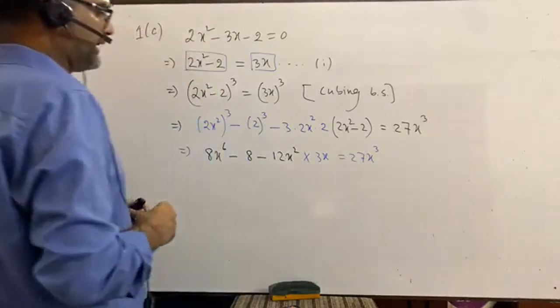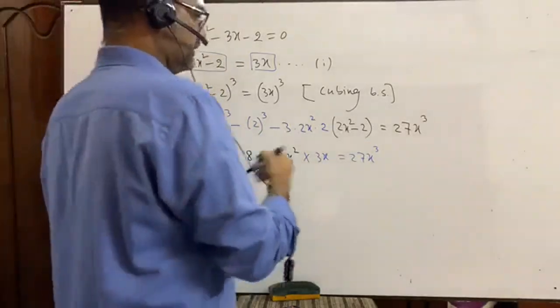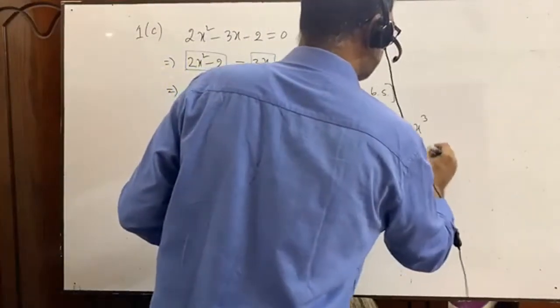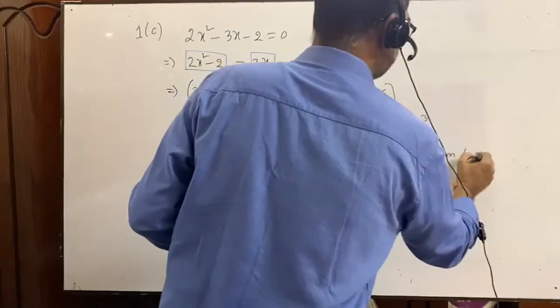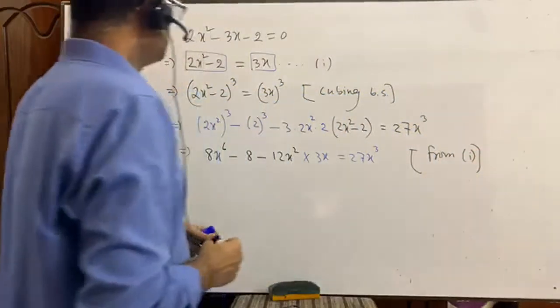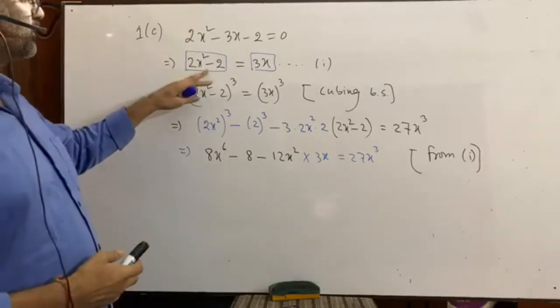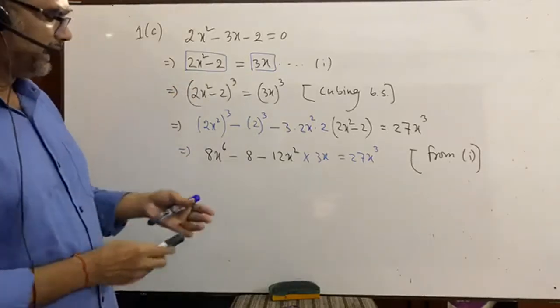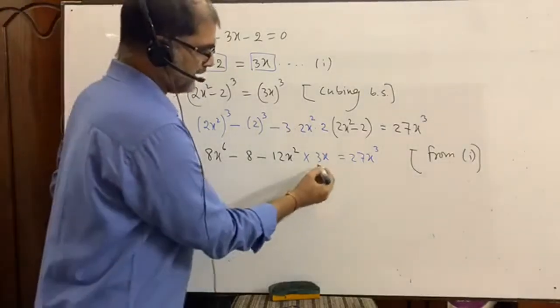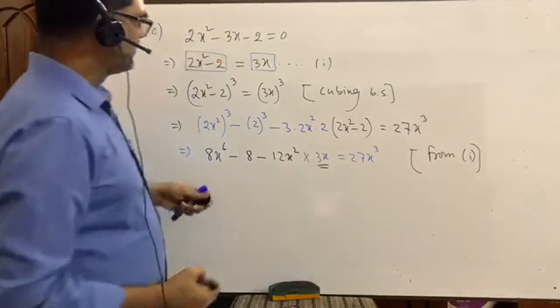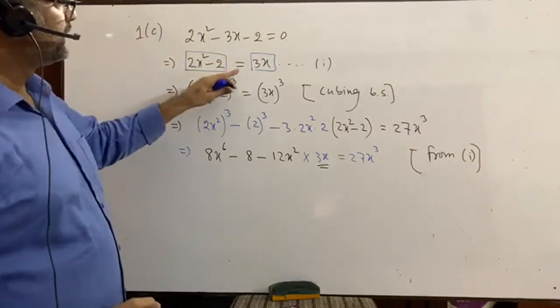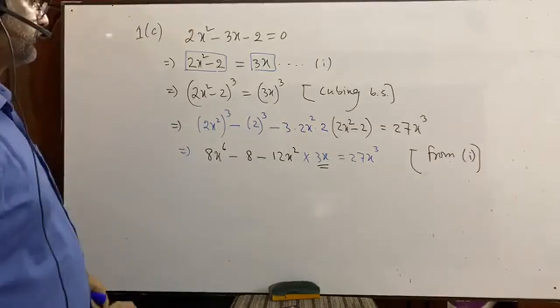We can give a side note: putting the values from equation 1. In equation 1 we have got 2x square minus 2 equals 3x, and here in the last line we have put that value, that is 2x square minus 2 equals 3x.